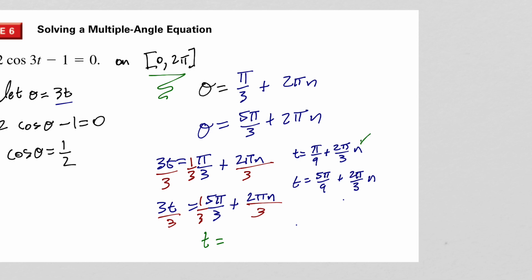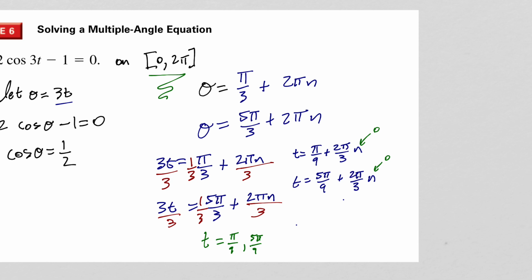So if I plug in 0 for n, I get pi over 9. Pi over 9 is definitely between 0 and 2 pi. If I plug in 0 for n here, I get 5 pi over 9, which is definitely between 0 and 2 pi. And then we're just going to increase n by 1 and keep plugging it in.